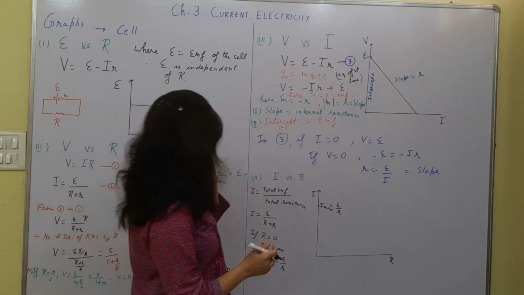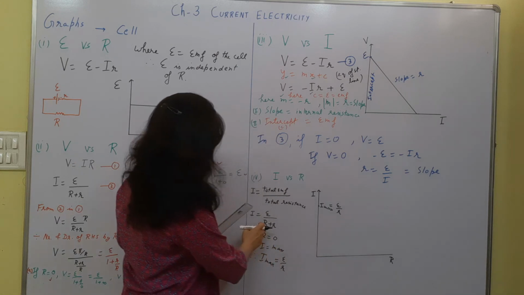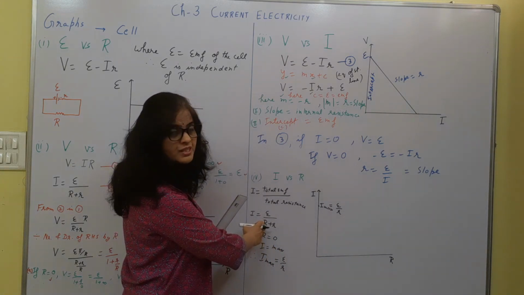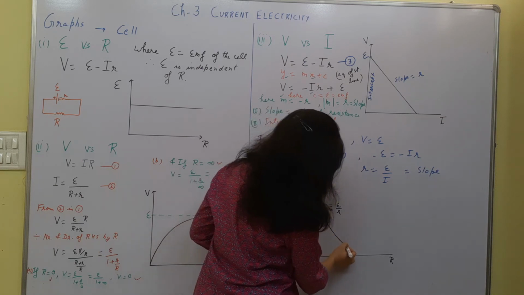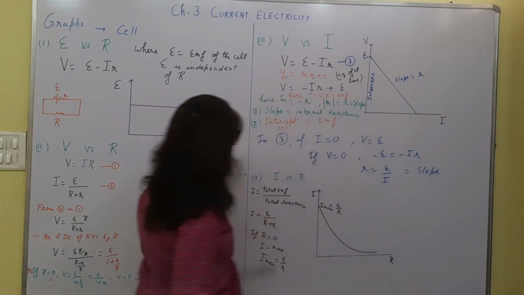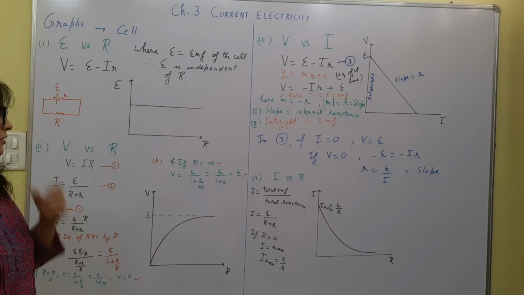And when resistance increases, the current will decrease. So the graph shape will be like this. So this is all about the graphs.